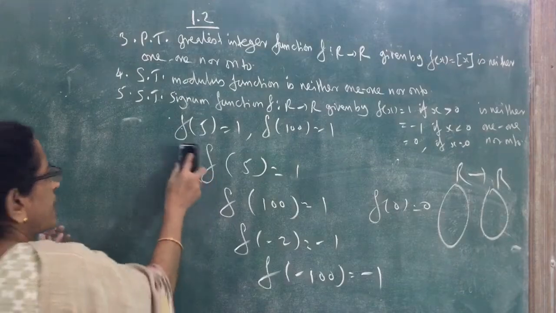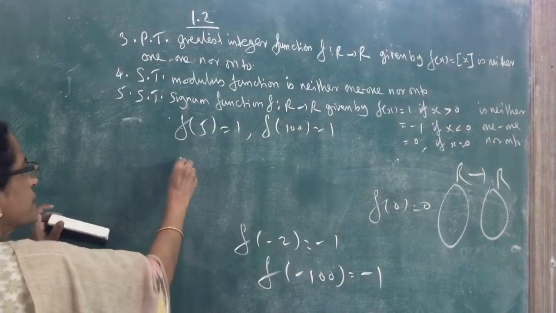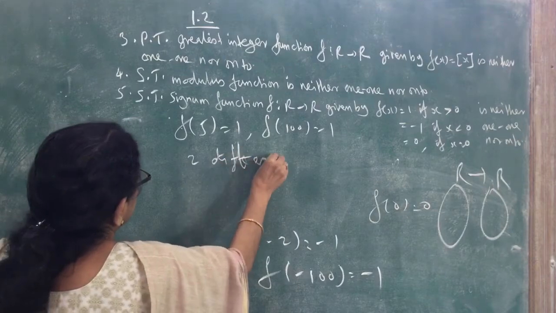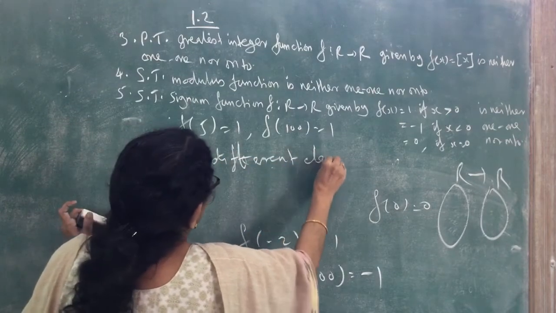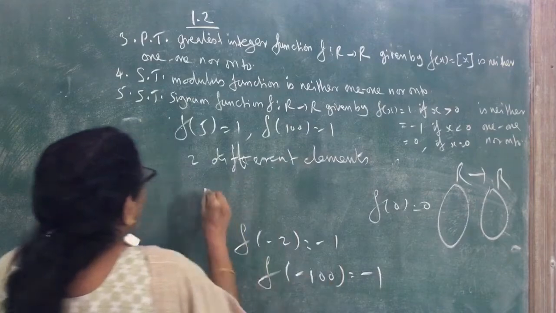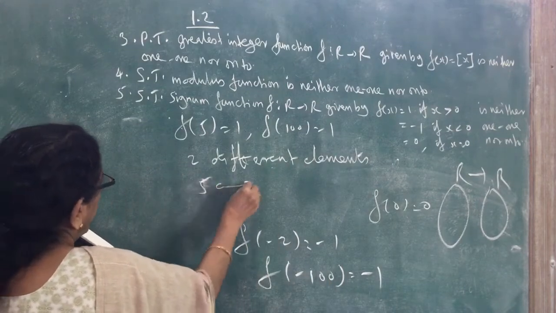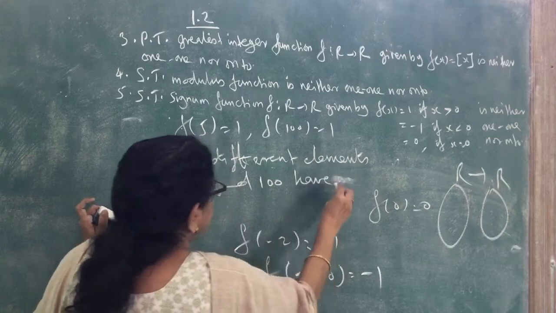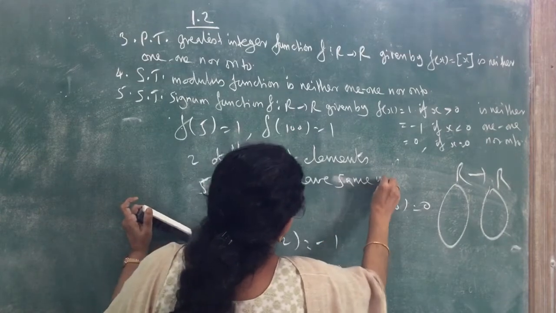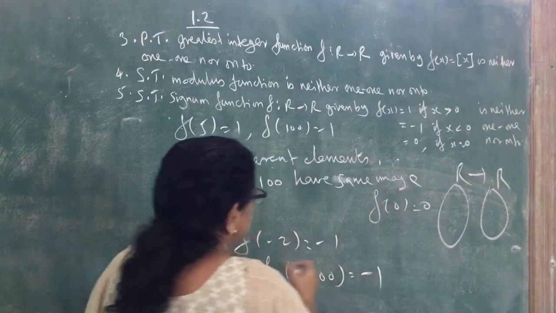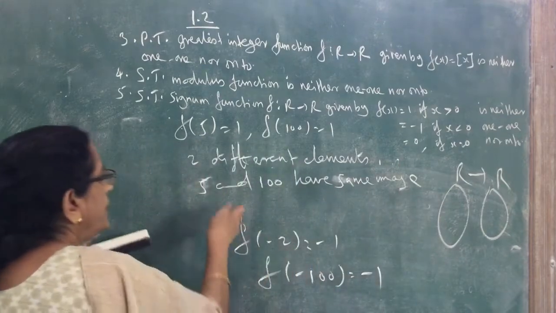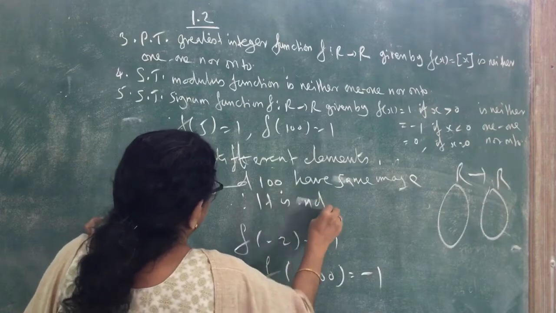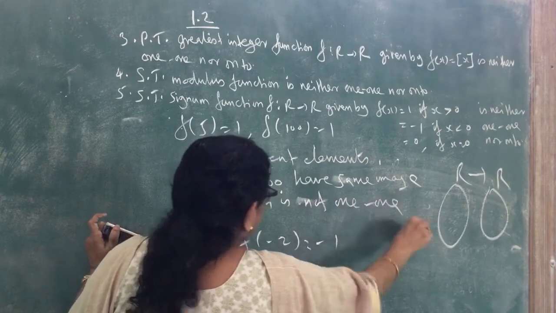So two different elements, 5 and 100, have the same image. Therefore, it is not one-one. So we proved it is not one-one.